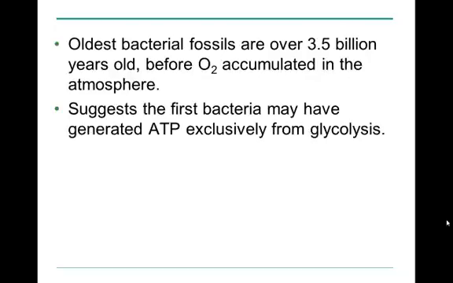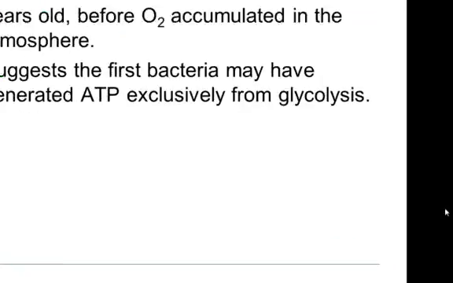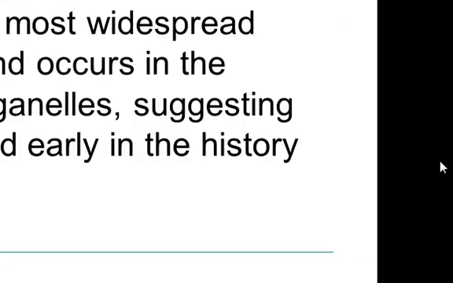That's an interesting supposition. It turns out that if we look at metabolic pathways in living organisms, glycolysis is the most widespread, and it occurs without any organelles, also suggesting that it originated in bacteria. And so we know that glycolysis probably was very early.